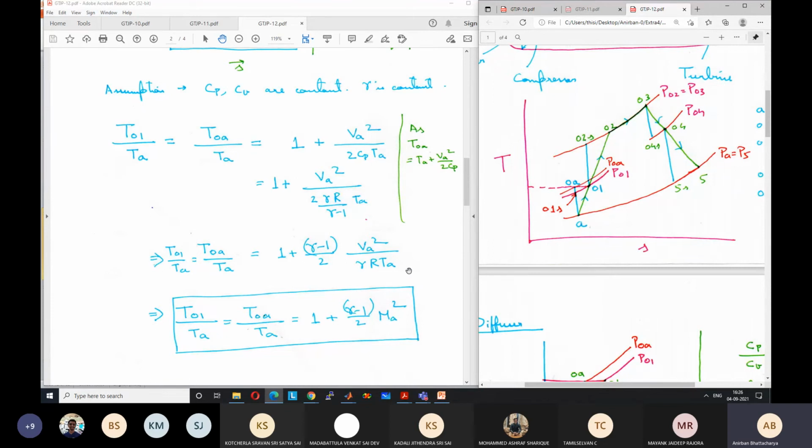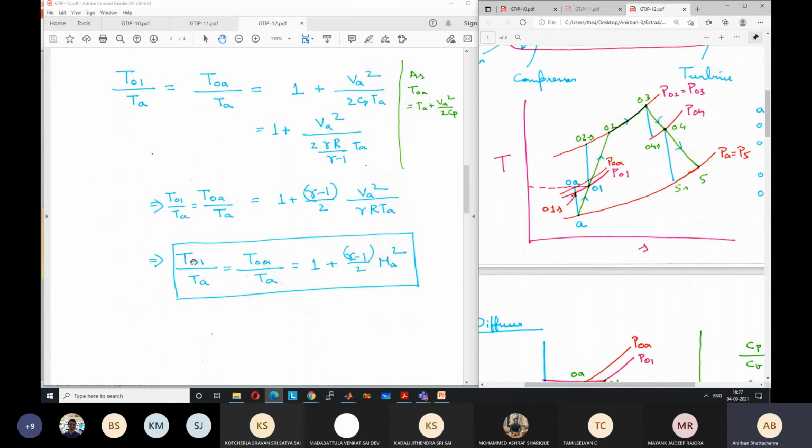Speed of sound is denoted by C, so it is Ca square. So what is Va square by Ca square? It is Mach number square. Ultimately we see that T01 by TA is equal to 1 plus gamma minus 1 by 2 Ma square. So if we know the Mach number and the ambient temperature, we can find out the exit temperature at the exit of the diffuser.